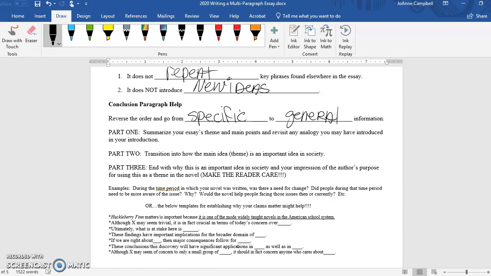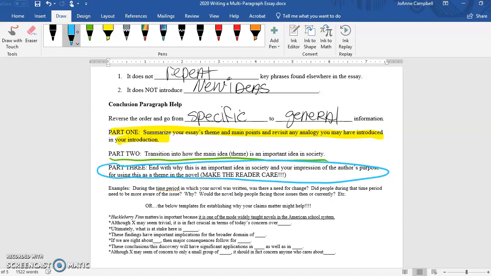Okay, so again, just like the intro, you have 3 parts. Part 1, summarize the theme and main points that you've used within the essay. Part 2 is to transition into how this theme is important in society. And then third, we are ending with why the reader should care. So some big impact statement is what you want to make.